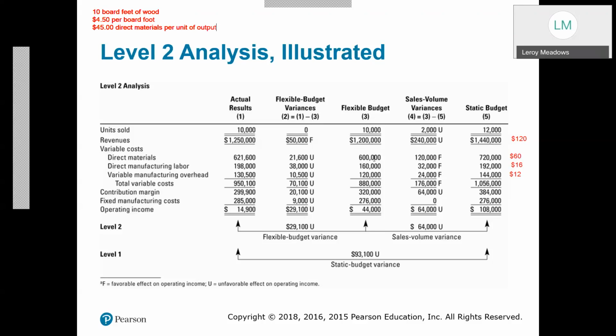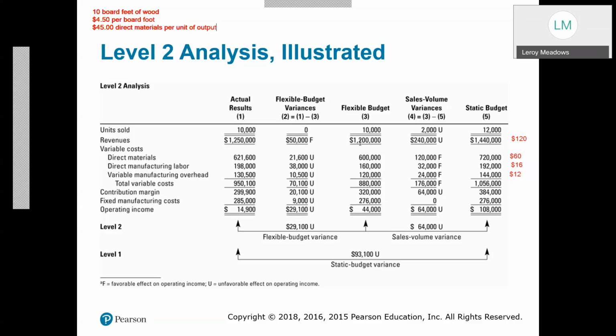What about direct manufacturing labor? Well, I'm going to take my budgeted cost of direct manufacturing labor per unit, $16, multiply that by my 10,000 units sold, and I get costs of $160,000. My variable manufacturing overhead was assigned at $12 per unit. And on a per unit basis, $12 times the actual amount I sold, $120,000.